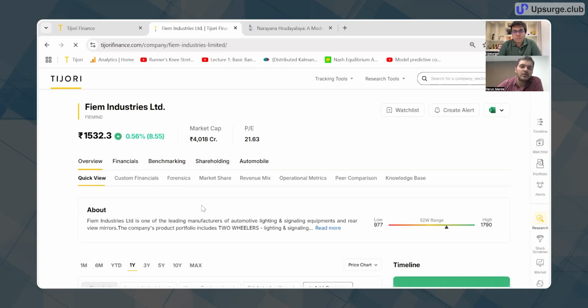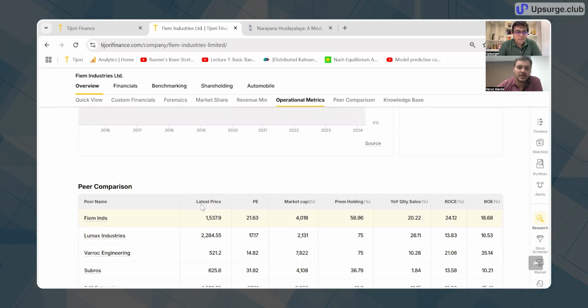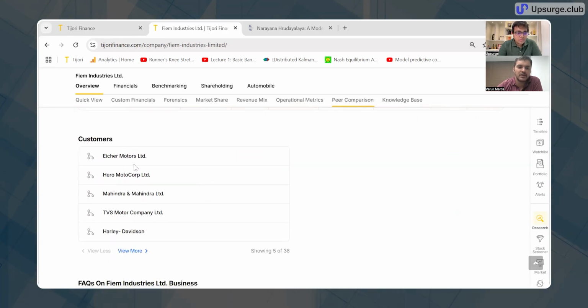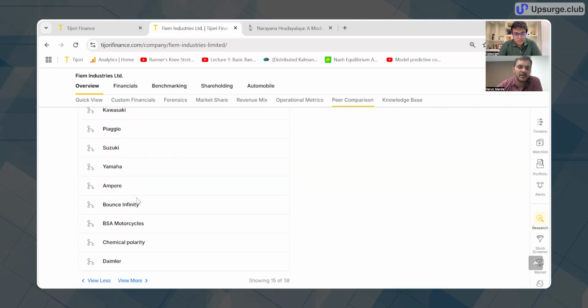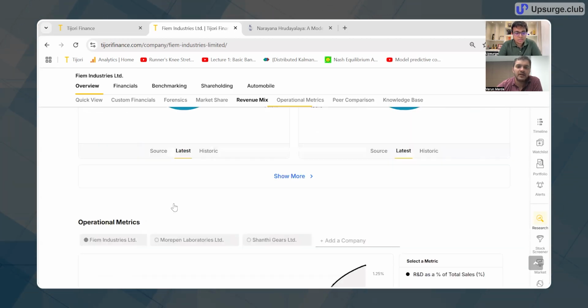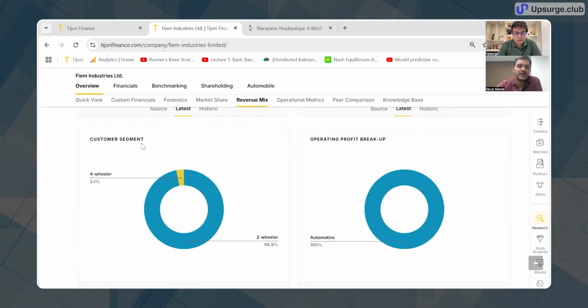So if I go to FIEM Industries, and if I go to customers, then these are the customers. I guess it's more two-wheeler focused, is what I'm understanding. Yes, it is. And then also here you get customer segments, which is tuned to automobiles.